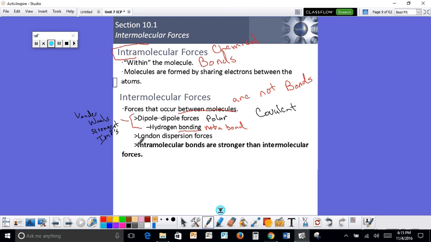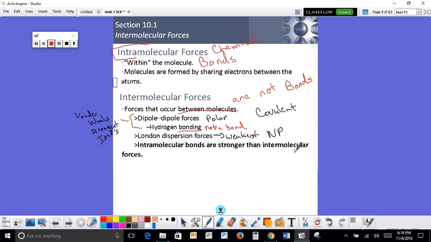All right, talking about London dispersion forces, these occur in everything. These are the weakest type, but this is also the only force that we see in non-polar molecules.